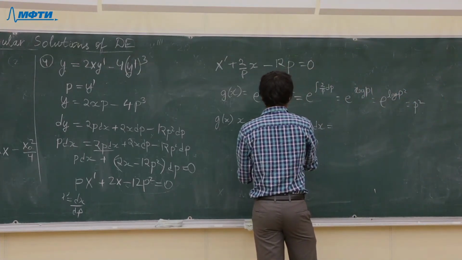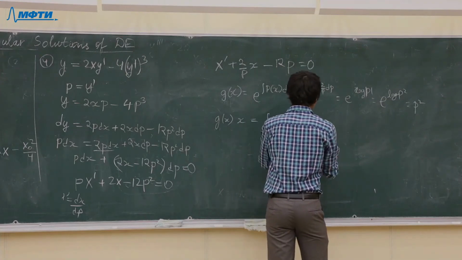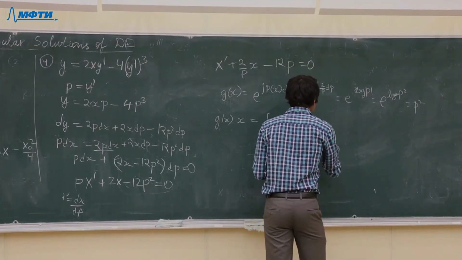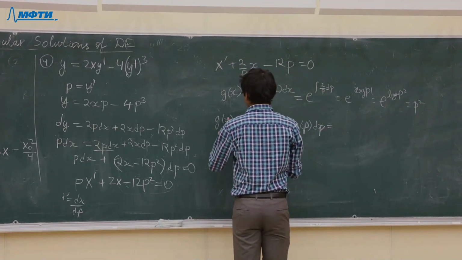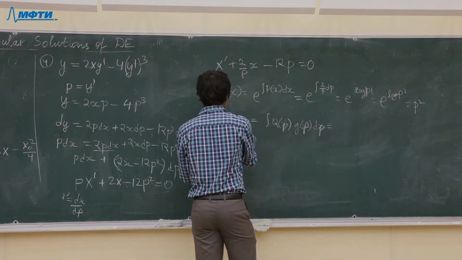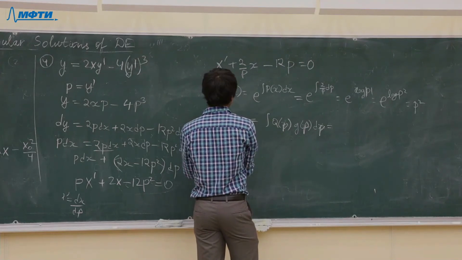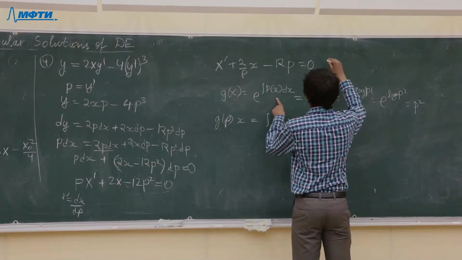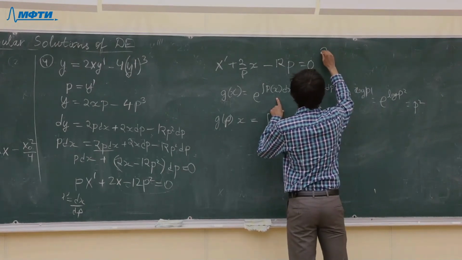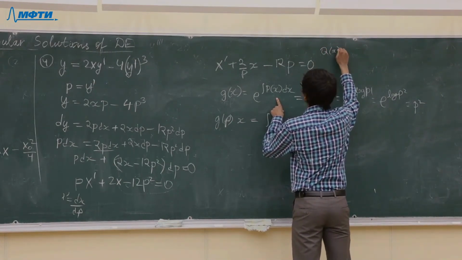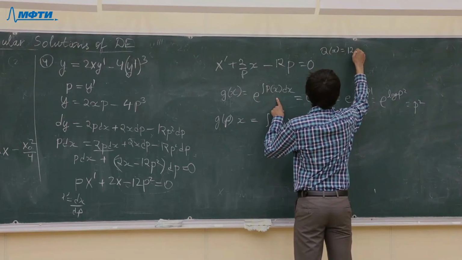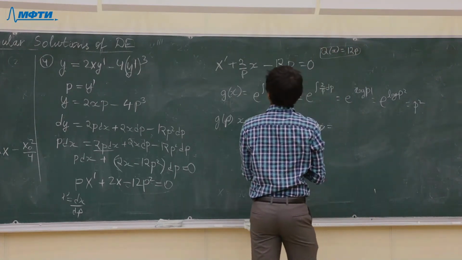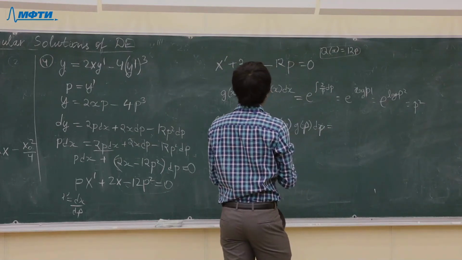And this is also right. Not so, it's q of p. q of p is 12p, right?